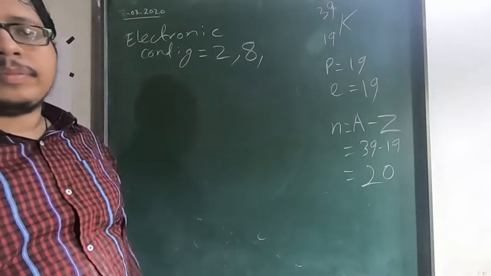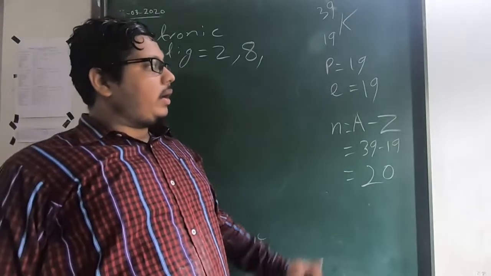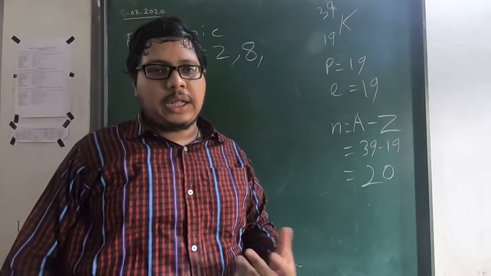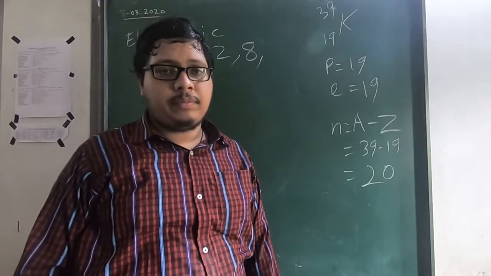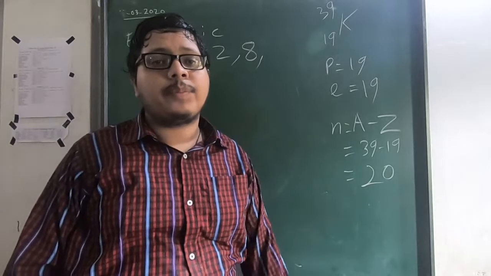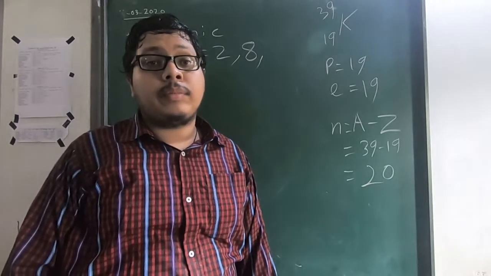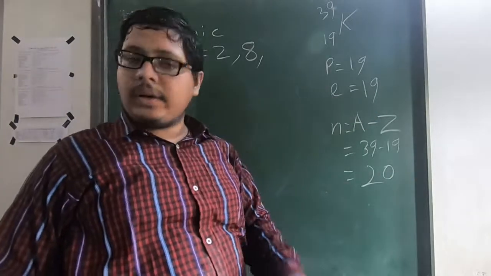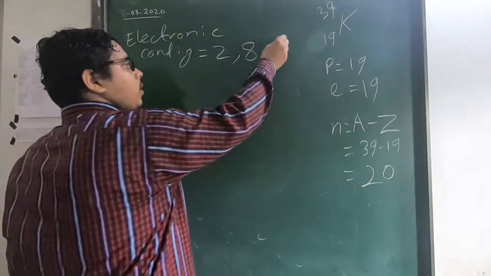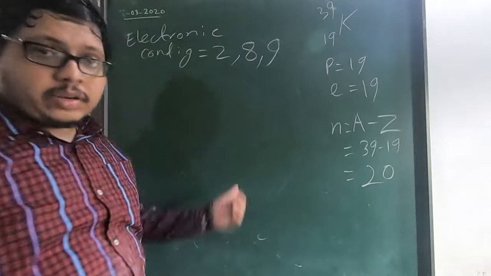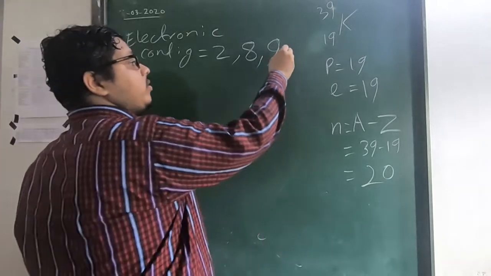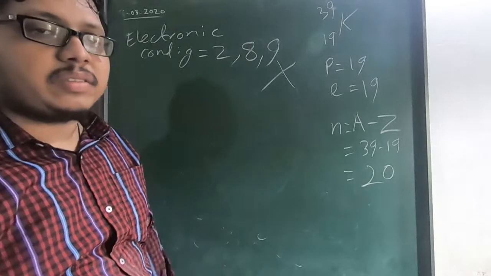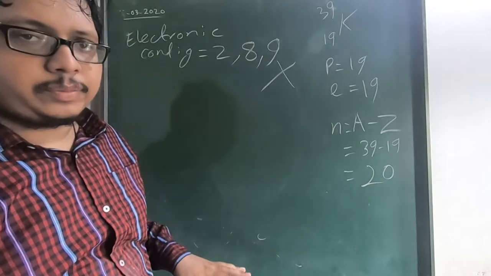Total how many gone? 10. 10 gone from 19. How many more left? 9. Is it not? 10 gone from 19, 9 left. Is it? This is not correct. Okay?